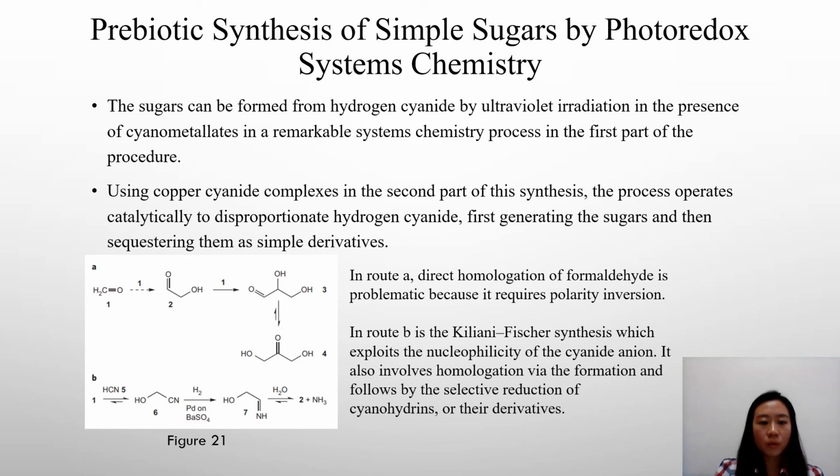In Figure 21, in route A, direct homologation of formaldehyde is problematic because it requires polarity inversion. Route B is the Kiliani-Fischer synthesis, which exploits the nucleophilicity of the cyanide anion. It also involves homologation where cyanohydrin formation is followed by the selective reduction of cyanohydrins or their derivatives.